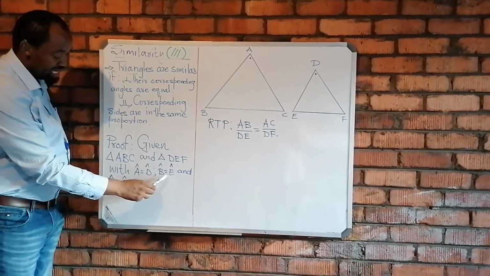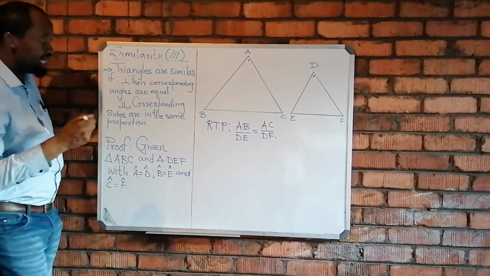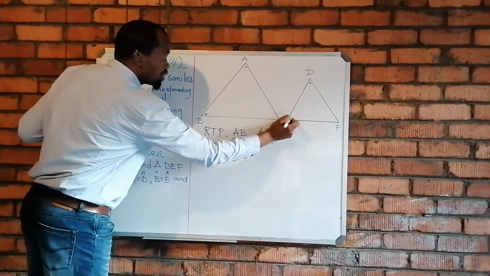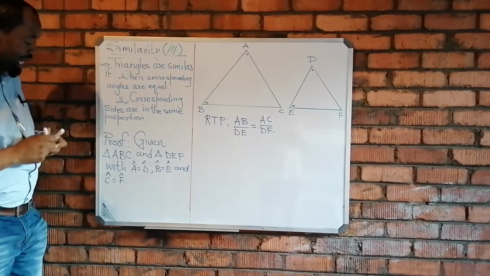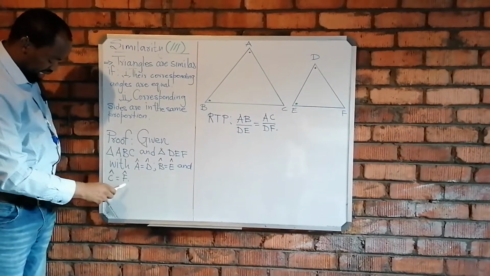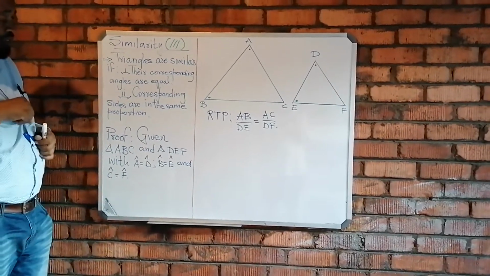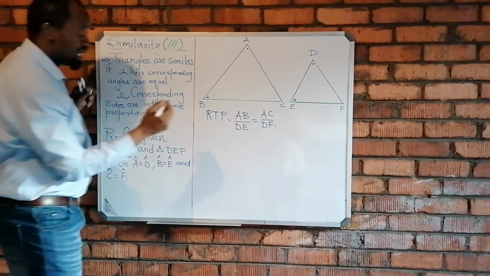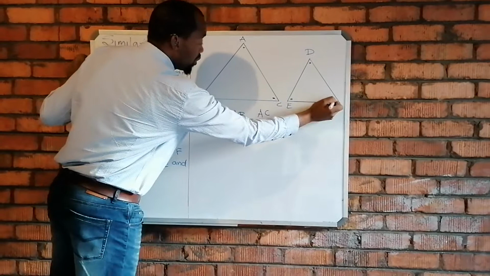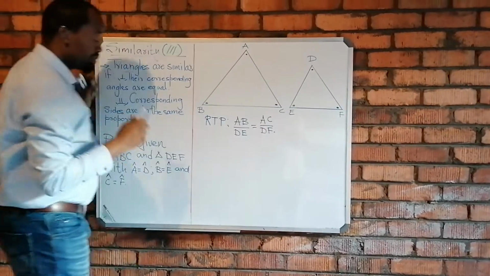Angle B is equal to angle E. It is given to us. And lastly, angle C is equal to angle F.